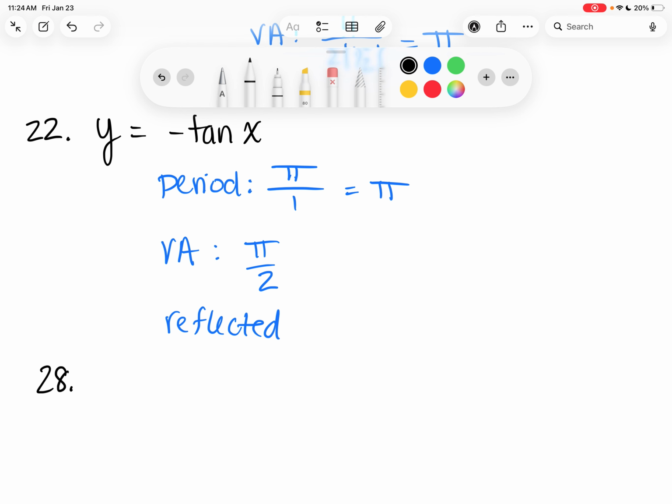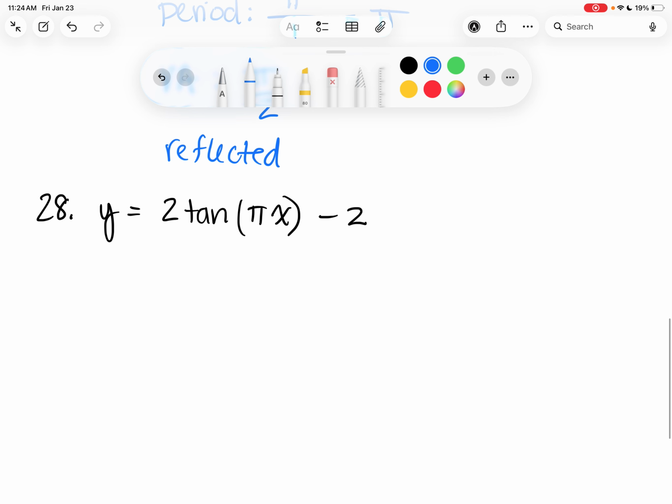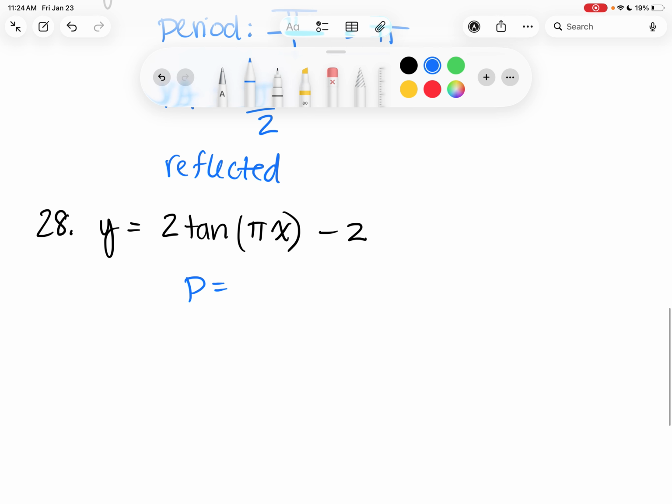28. y equals 2 times the tangent of pi x and then minus 2. So they really probably should have done this differently for how it's written. All right, so what would the period for this one be? Wait, don't we find the amplitude?